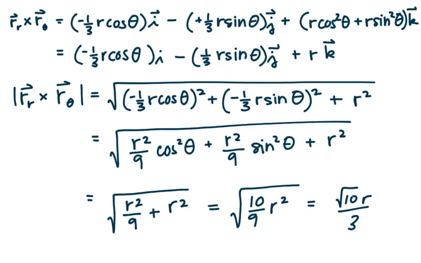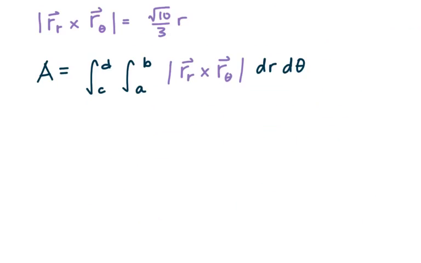At this point, we've found the magnitude of the cross product, that's essential to our definition for surface area. So let's set this up. This is what the integral will look like, and we need to determine what our r values and our theta values will be between. Since this is a cone, it's going to be a complete circle. We know that theta is going to go from 0 to 2 pi.